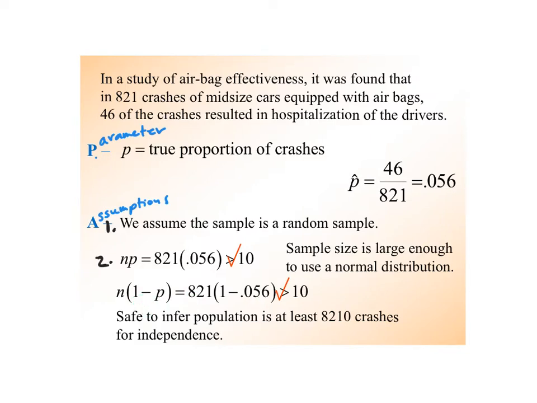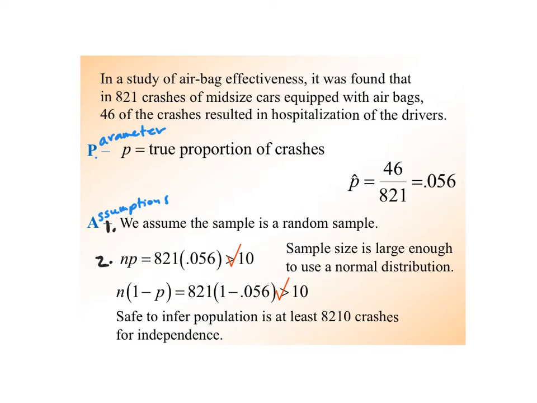This p again is from over here. Is this greater than or equal to 10? I put a check mark because it is. If I get 2 check marks here, that means the sample size is large enough to use a normal distribution. That means we can use the normal table, and that's fine with me.